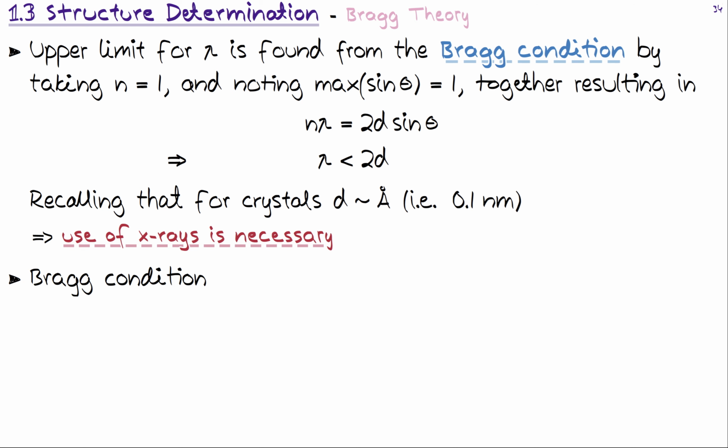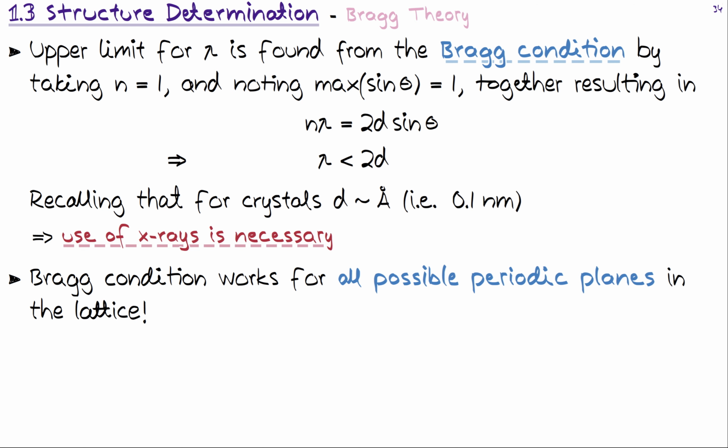And the strange thing about this Bragg condition, or it's not strange, but right now it seems strange, is that it works for all possible periodic planes that we have in the lattice. In the picture on the previous slide, we drew just a single lattice plane, and a lattice plane is a plane going through different lattice points, three collinear lattice points, and that's enough to define a single lattice plane.